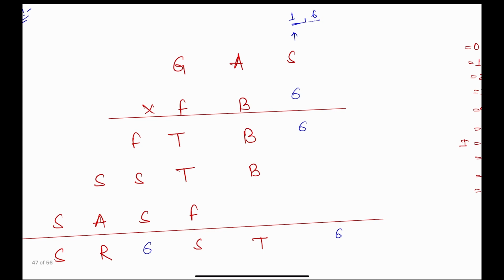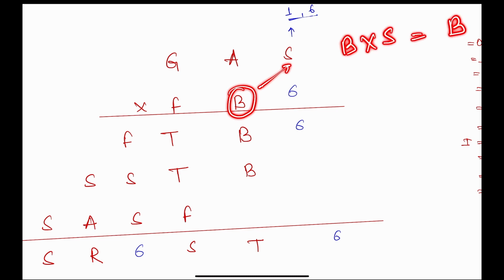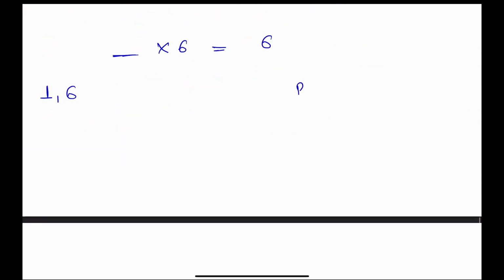Let's move forward and try to solve more. So one thing that you should tell me, if you look over here, B into S and the digit came is S. Okay, so B into S and the digit came is B, the last digit is B. Let's write B into S, we have multiplied.